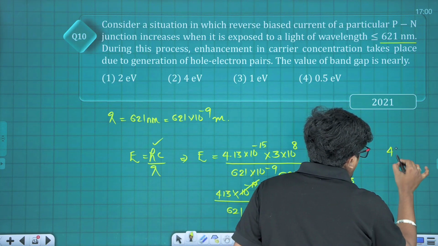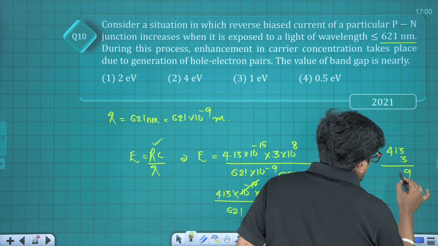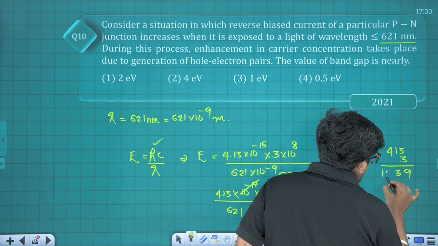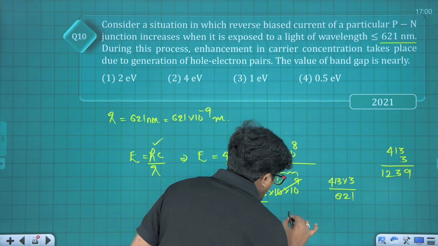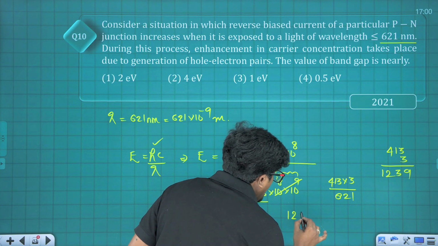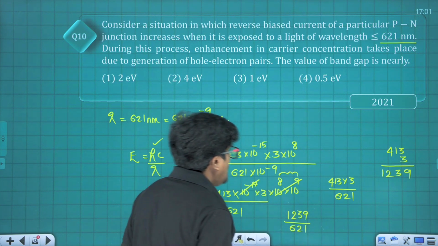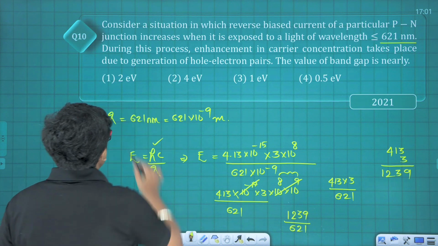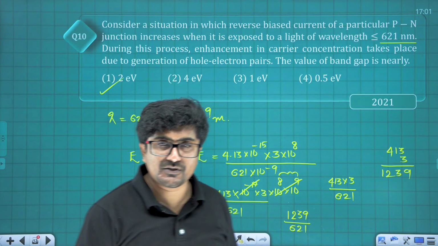Let me go for this. 413 into 3: 3 3s are 9, 3 1s are 3 and 4 3s are 12. It's 1239, all divided by 621. Approximately it should be 2 electron volt. No doubt at all. Option 1 should be the correct answer.